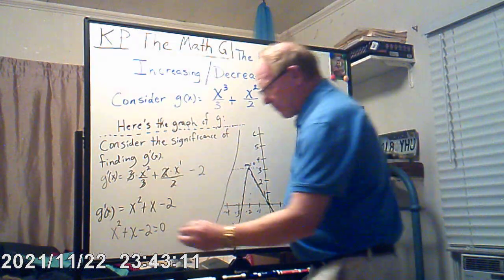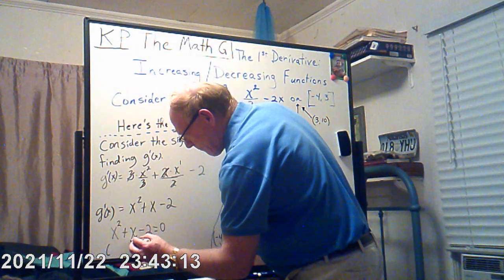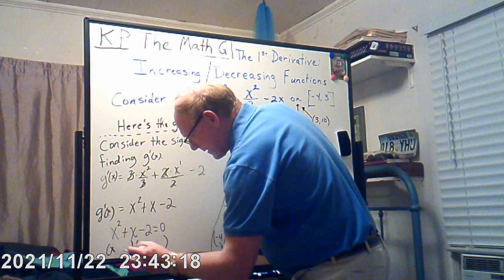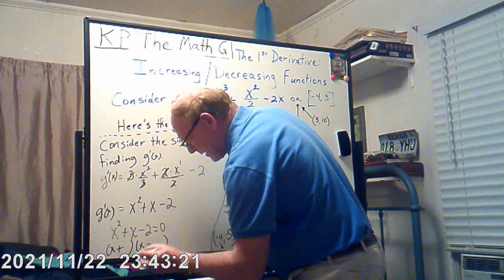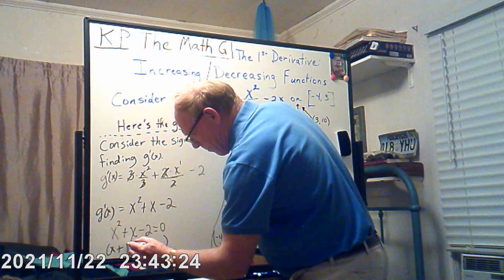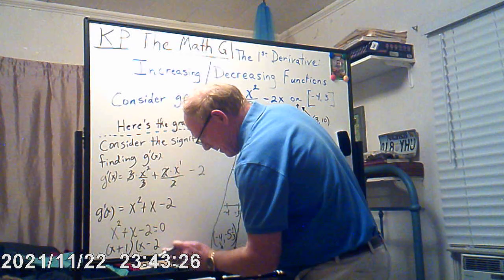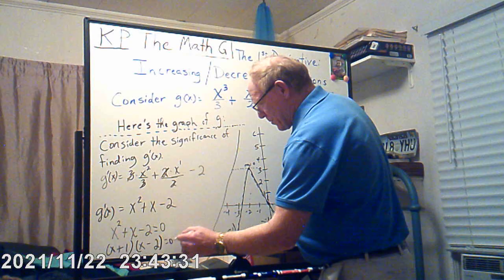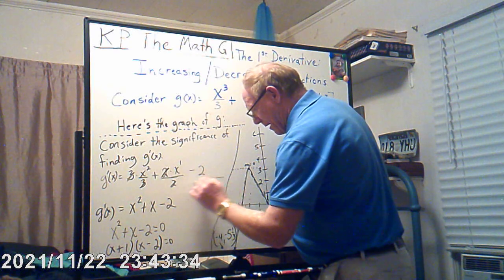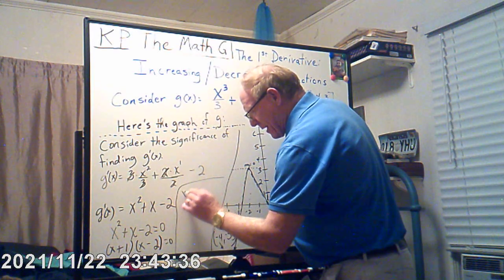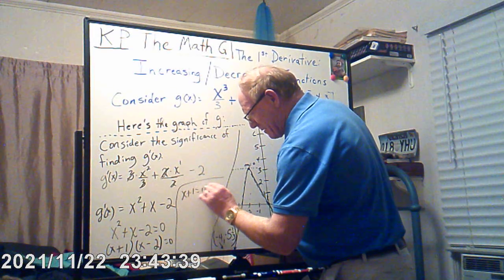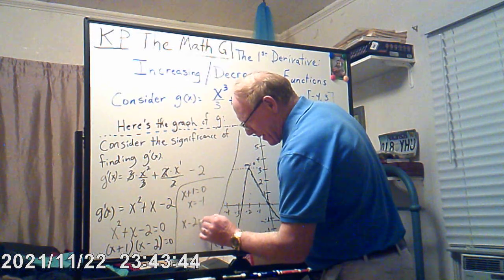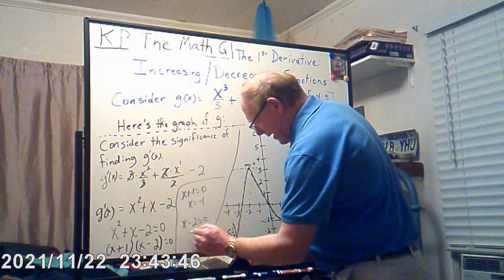Well, let's look. Okay, we're going to see that this is x plus, x minus, and I think I'm going to put my 1 here and 2 here. All right, so right there. And of course, x plus 1, we're going to work it out right here for the rest of the way. x plus 1 is 0, meaning that x is -1, and x minus 2 equals 0, meaning that x equals 2.